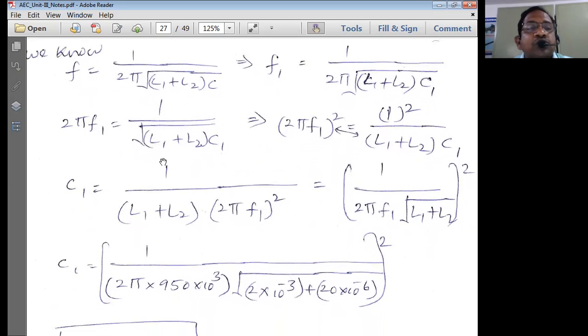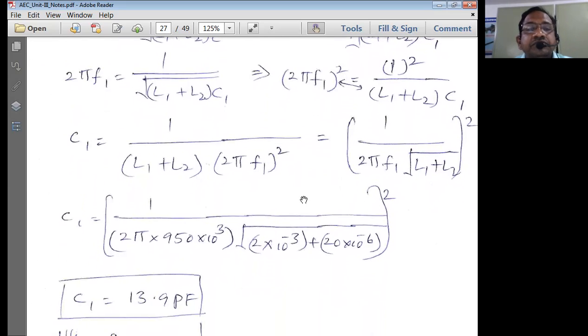I have to find out the value of C1. So C1 I'll take to this side, and the factor 2 pi f1 whole square I'll take into the denominator. Then I can write C1 is equal to 1 by L1 plus L2 into 2 pi f1 whole square.